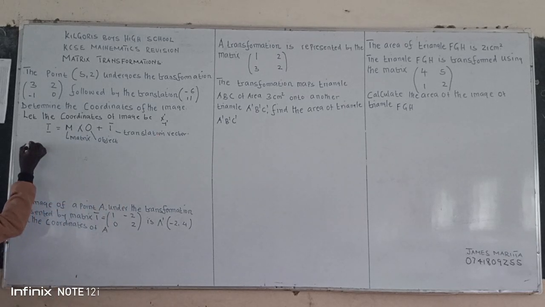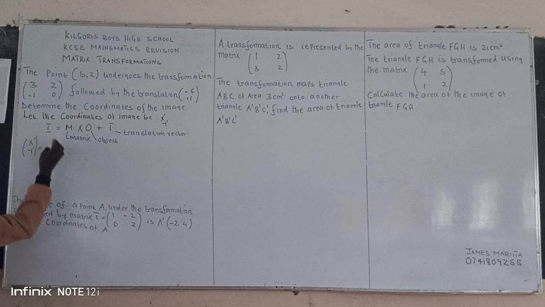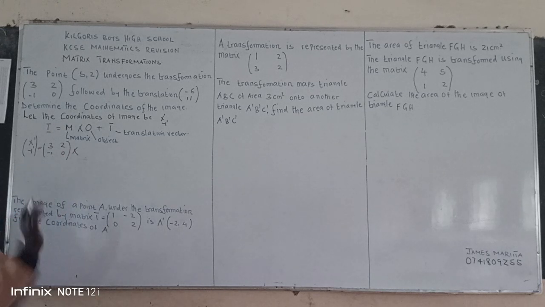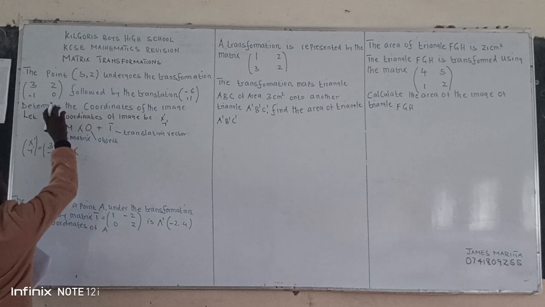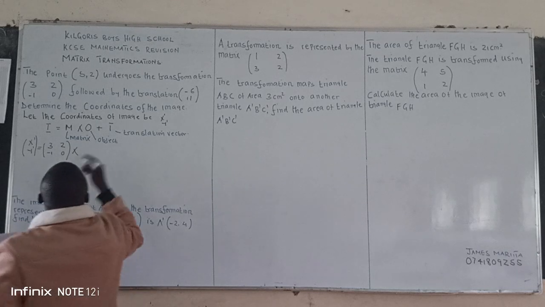So our image, x' and y', is equal to the matrix of transformation, which is (3 2; -1 0), multiplied by the coordinates of the object, which is (5, 2).